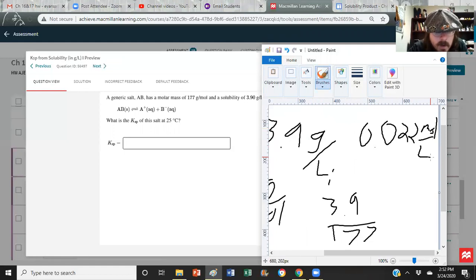Now, with that in mind, that is the concentration of both A and B. So KSP for this one would have to be 0.022 squared, or the KSP would have to be 4.85 times 10 to the negative fourth.